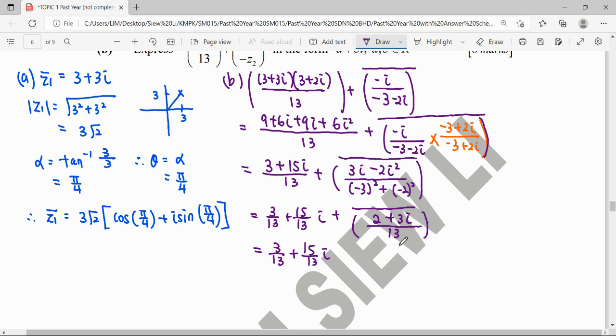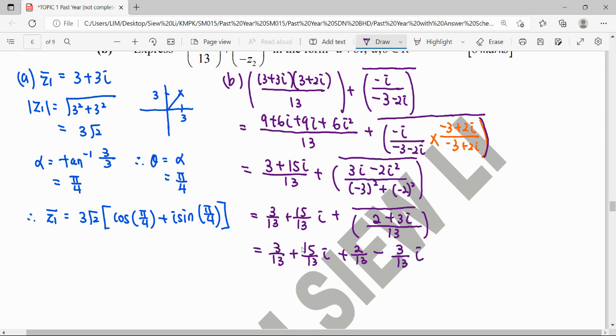Then we simplify here. This will be 2 over 13 plus 3 over 13i. So for conjugate, you will change the positive sign to negative for the imaginary part.